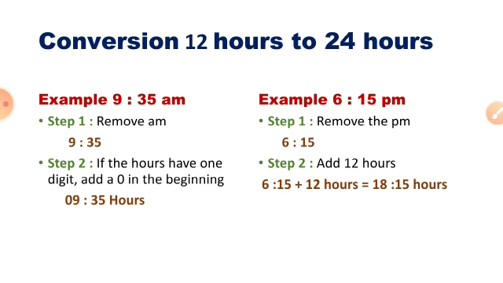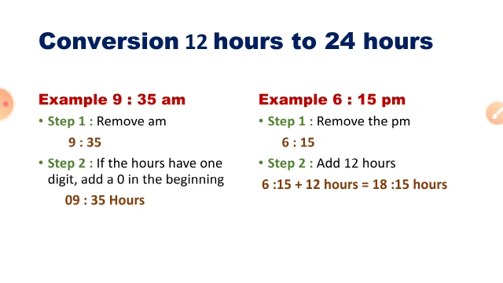Step 2, if the hours have 1 digit, add a 0 in the beginning. See, a 24 hours clock is always written in 4 digits. But here how many digits do we have? Totally we have 3 digits only. And in the hours place we have only 1 digit.